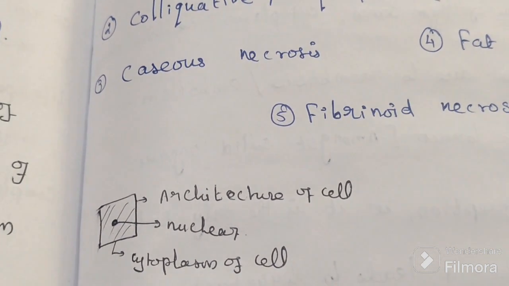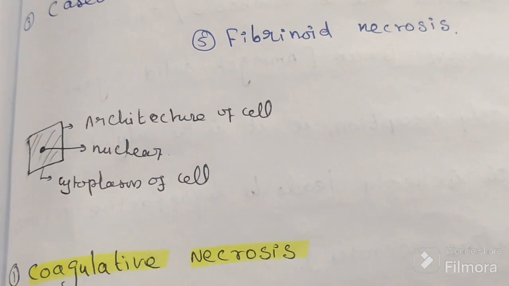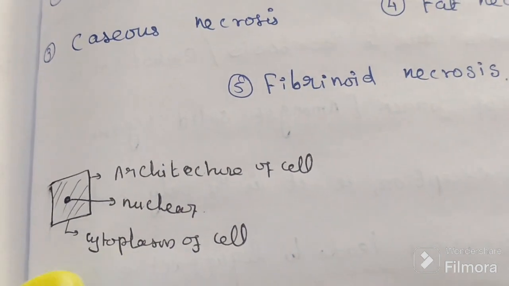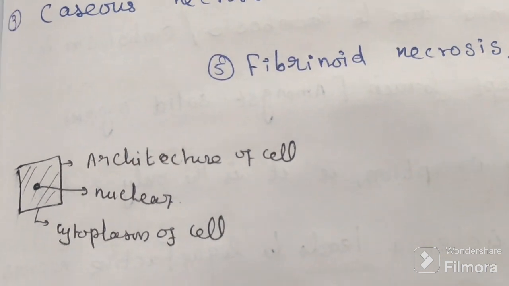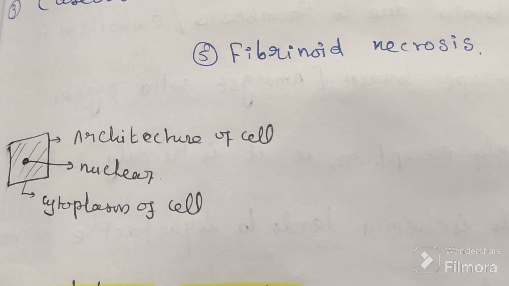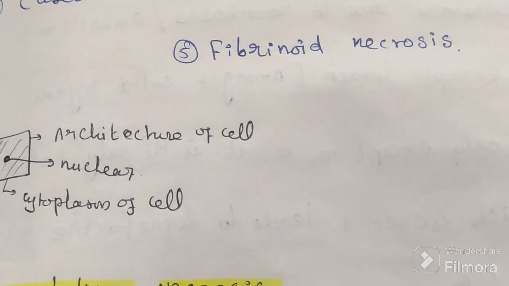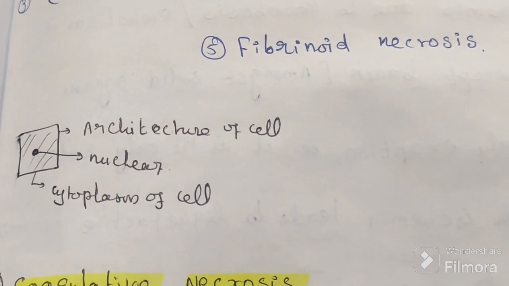Now we'll see the cytoplasm of that cell, which has pink color and few granules. The cytoplasm of the cells is different. This is known as cytoplasmic detail.